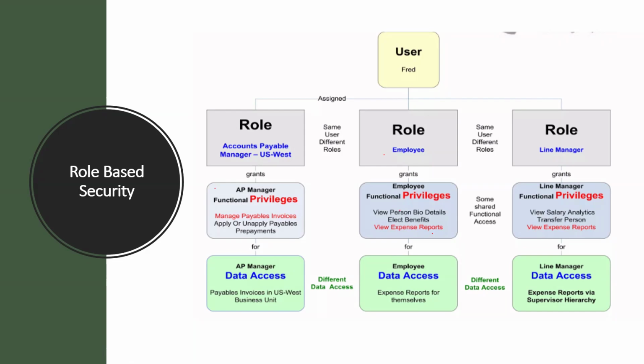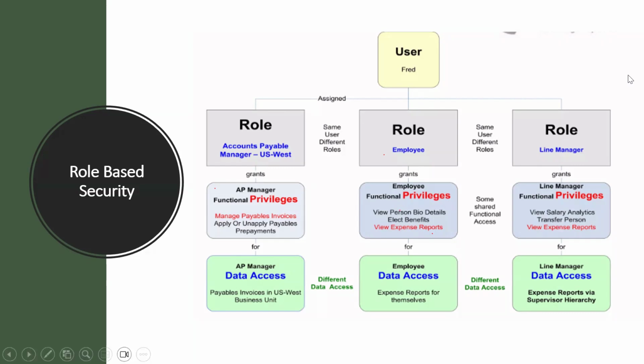They have multiple business units, but particularly this Fred user will access the US West business unit. At that level, he can manage invoices, apply or unapply payments or prepayments, everything. I mean, creating invoices and applying payments. This is the functional privilege he has as a payable manager. This is the functional activity he is to do. His duty role is account payable manager.